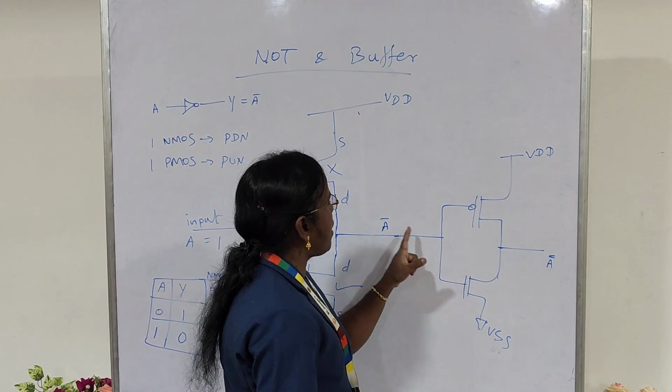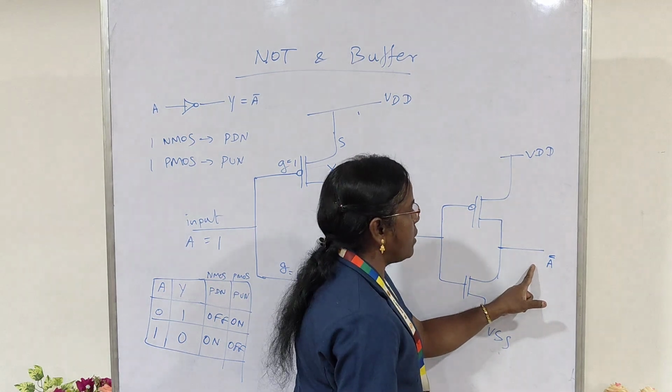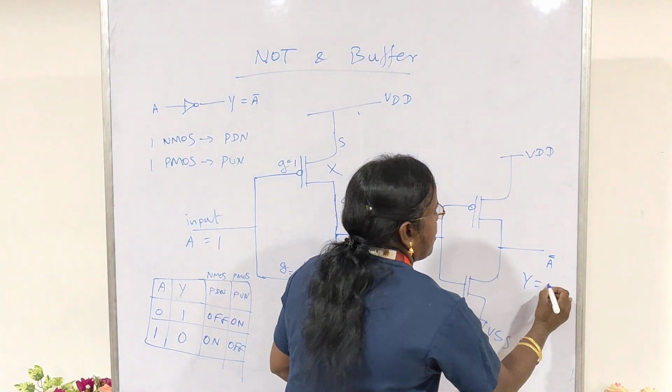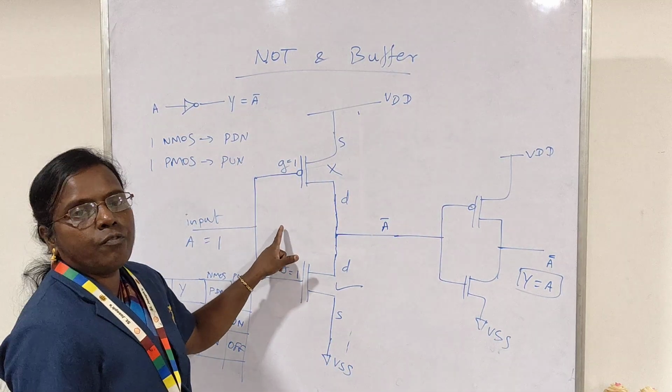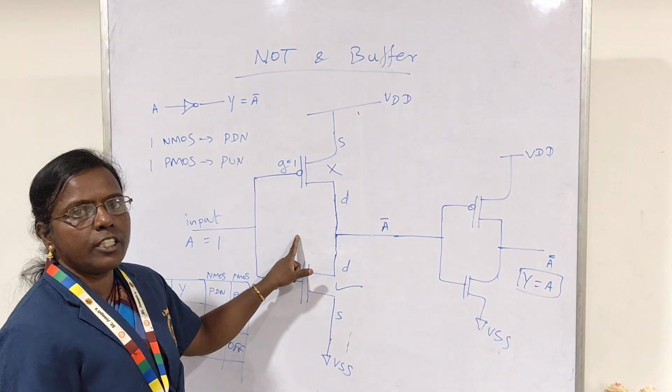Here we are applying A bar as an input, so it will get double inverted. The double inversion gets cancelled, so output Y will become A. This is how we can construct the buffer circuit by cascading two CMOS inverters together.